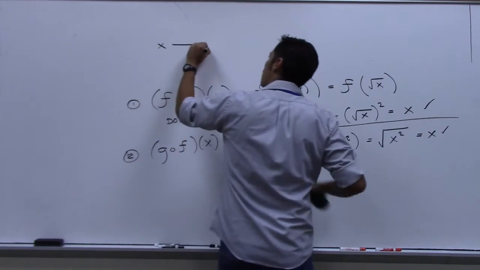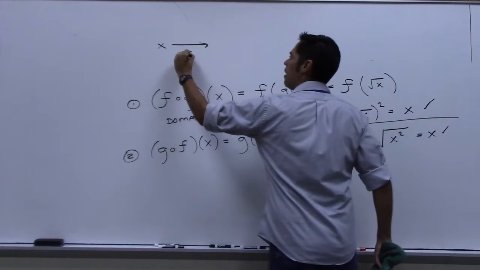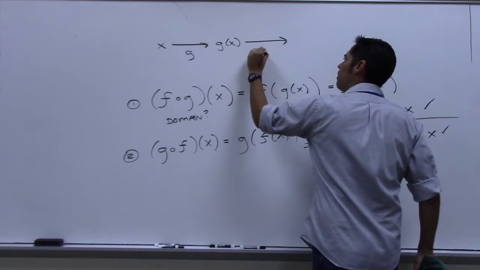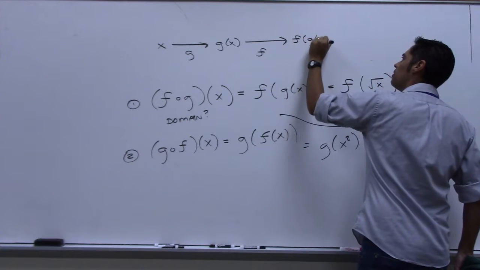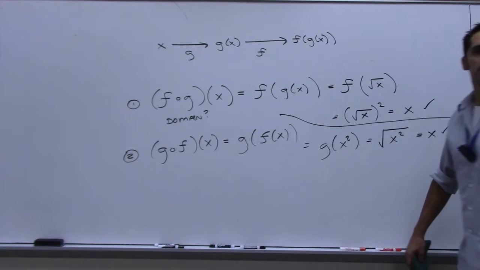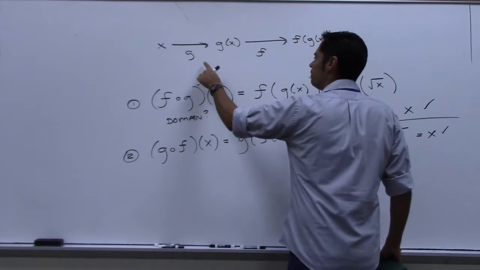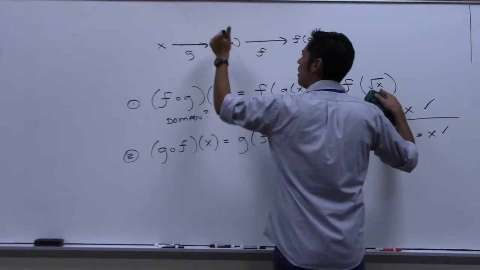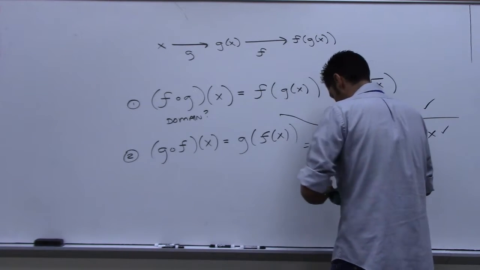I said x is going to go through which function first? g, and then that's going to come out g of x, and that's going to go through f, and come out f of g of x, whatever that is. That look familiar?